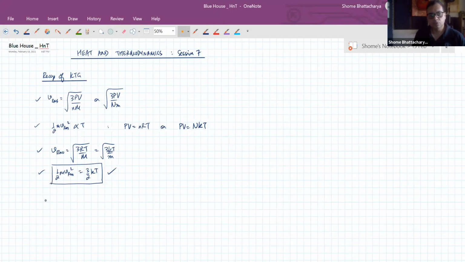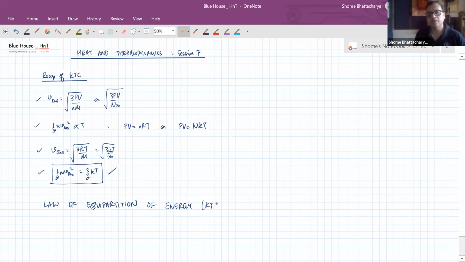Now moving on to something called the law of equipartition of energy. Very important in the derivation of first law, especially later. It's basically a continuation of kinetic theory of gases and the concept of degrees of freedom.